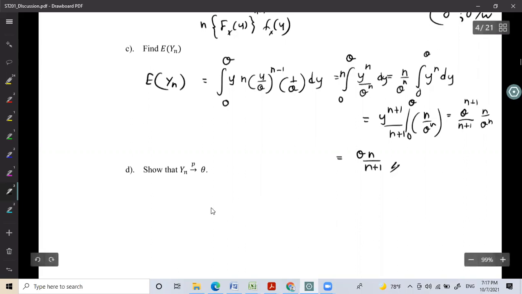Okay, so the next thing is to show that Yn goes to theta in probability. Now you know how to proceed. The expectation of Yn is there. You have to show that the limit as n goes to infinity of Yn minus theta equals 0.